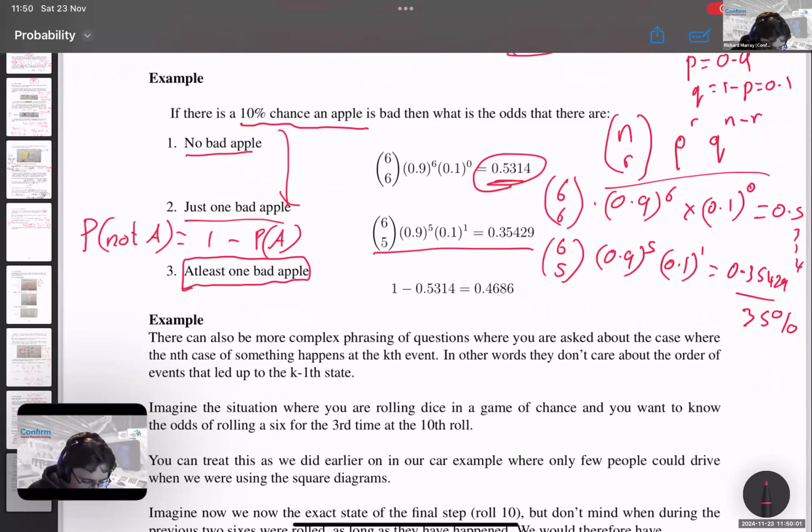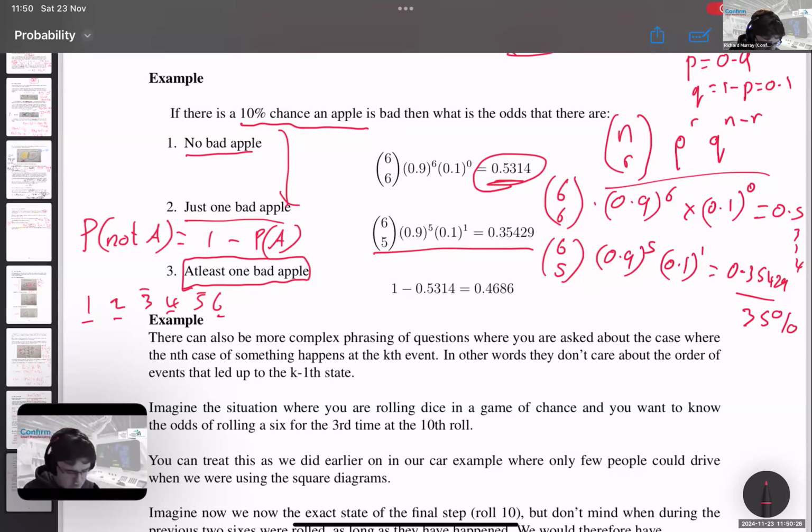So we know that at least one bad apple means that there is one bad apple, two, 3, 4, 5, or 6. Now, we could use our OR rule here to figure out the probability of one bad apple, two bad apples, three, four, 5, and 6. That's going to take a lot of time. We don't want to do it that way if we can avoid it.